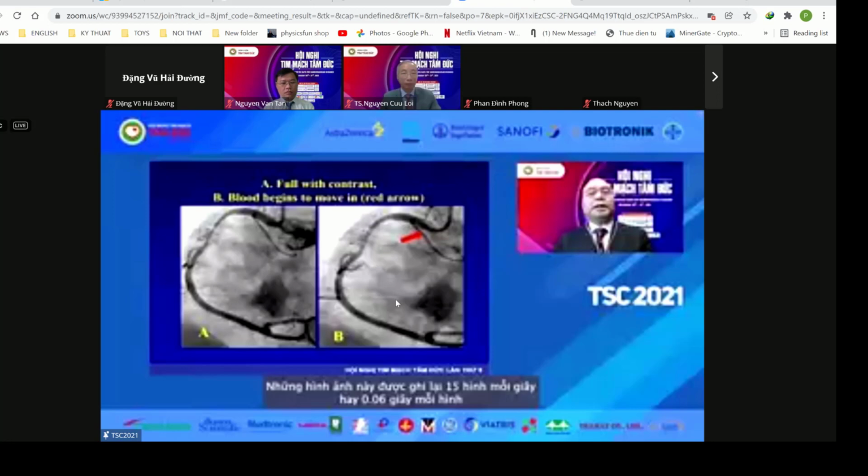But look at the contraction of the PDA, and you will see why there is a lesion at the connecting site between the PDA and the RCA. This is why I call this the hinge lesion. Now let's see. We see the contraction of the PDA.